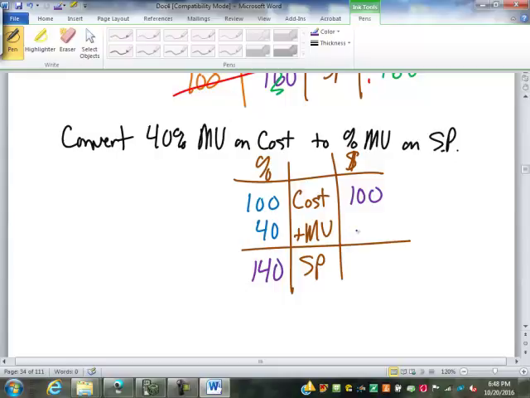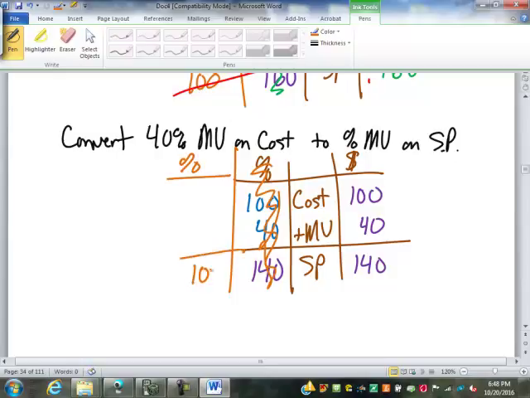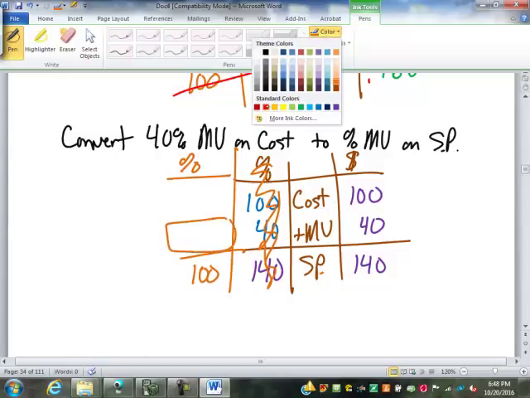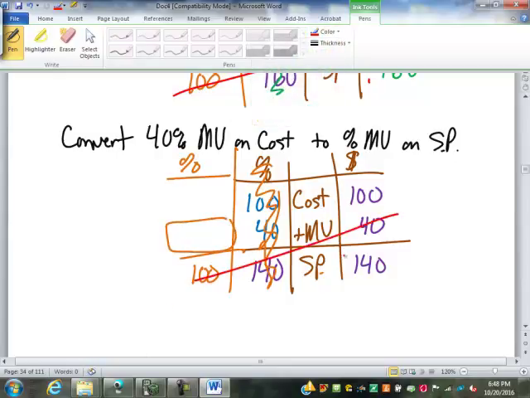So $100 for the cost makes this 40 and 140. So now what? 100% goes with the selling price now, and we're looking for this percent. So 100 times 40 divided by 140 is 28.5714286 approximately. So we'll go 28.57%.